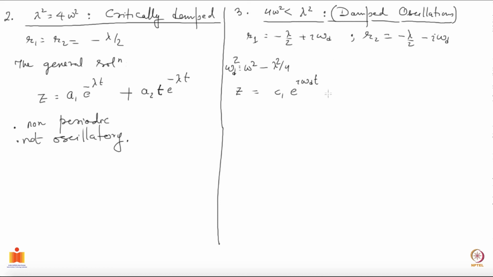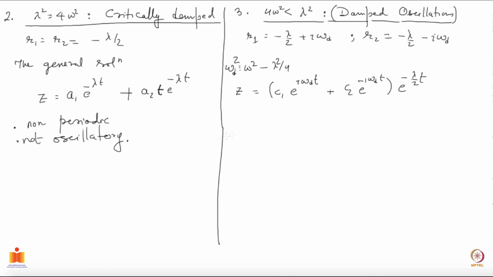So let me first bring this one, C2 e to the minus i omega d t, and then I have e to the minus lambda over 2 t. So this is the most general solution.